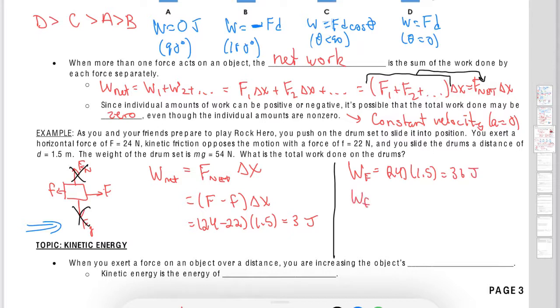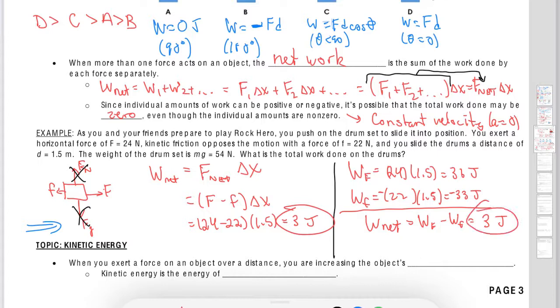The work done by lowercase f, or friction, would be 22 times 1.5, which is 33 joules. Or actually it would be negative, because it's in the opposite direction. Then to find the net, all I do is add them up. So it'd be work by my force minus work done by friction, and that's just going to be 3 joules. Notice you get the same answer.